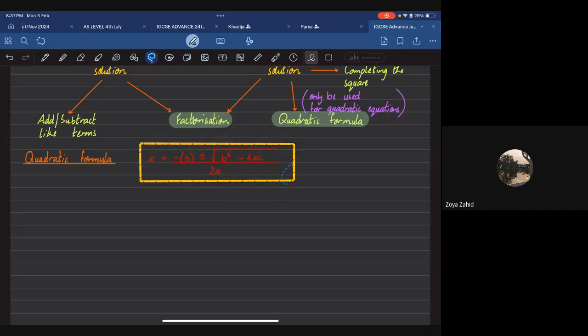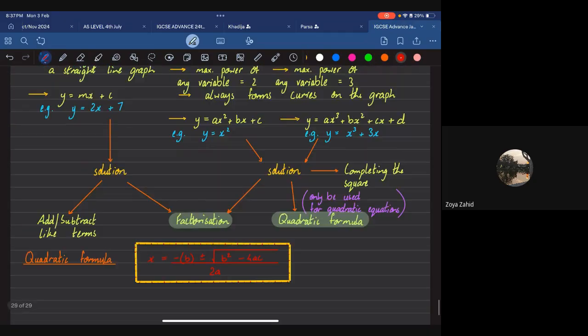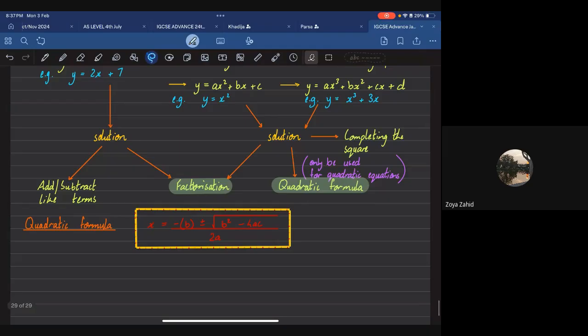All right. Now, where did we get the a's, b's, and c's? That we got from the general form of the quadratic equation, which was over here.